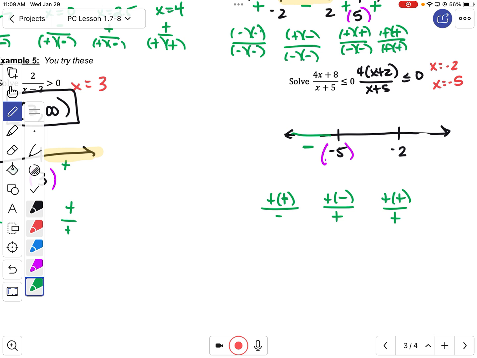Yeah, I did that wrong. Is that better? Let me double check myself. Because it's less than, well, you could just put -5 in brackets.